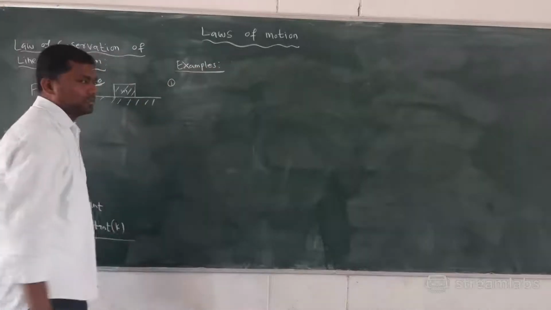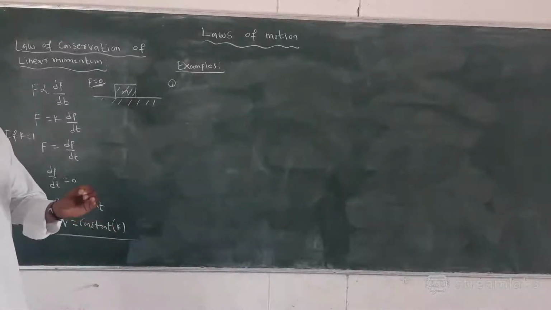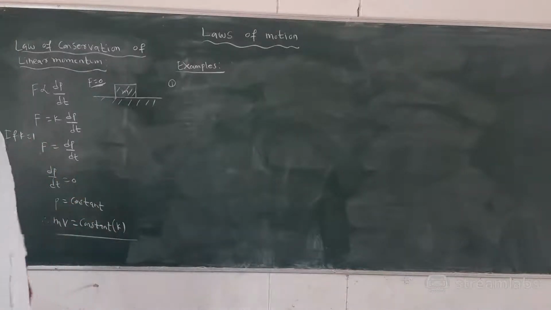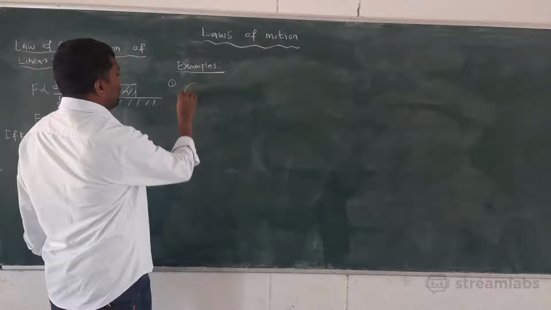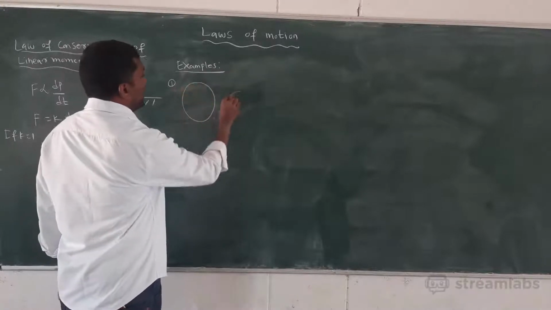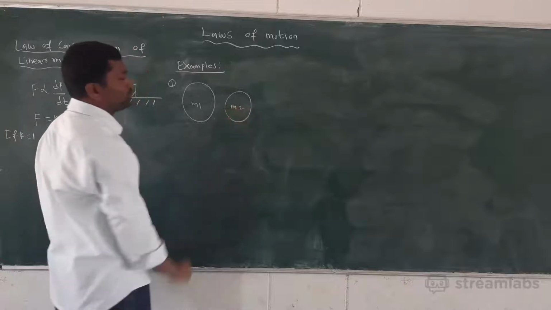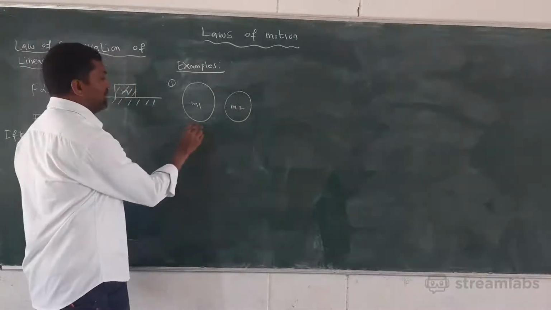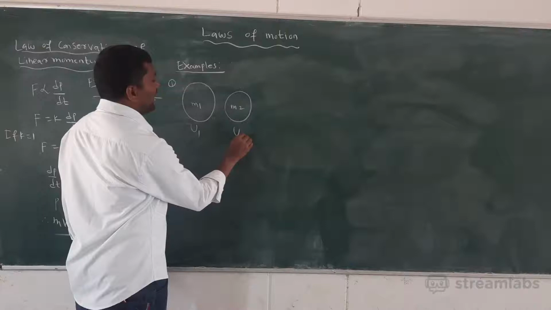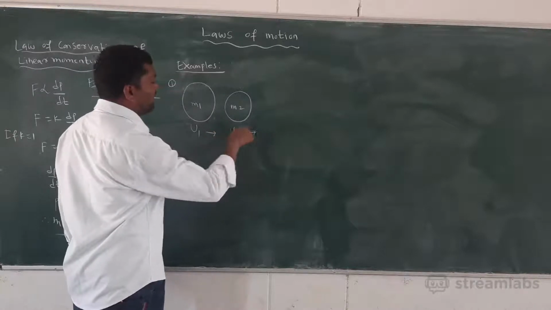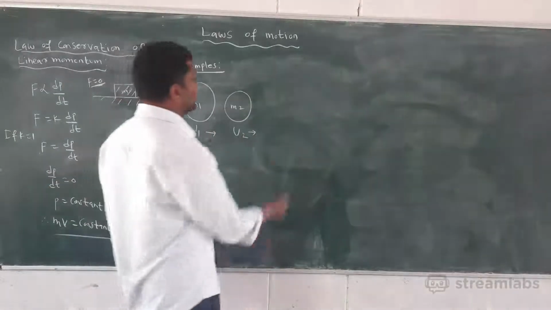We can take the first one, a one-dimensional elastic collision. We take two objects whose masses are represented by m1 and m2, and their initial velocities are u1 and u2. They travel along a straight line, in linear motion.